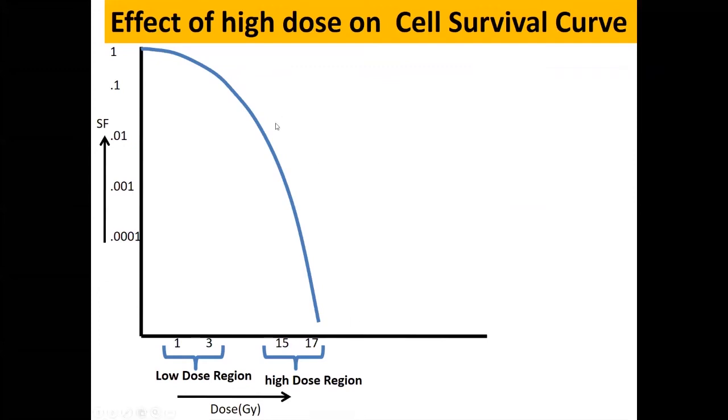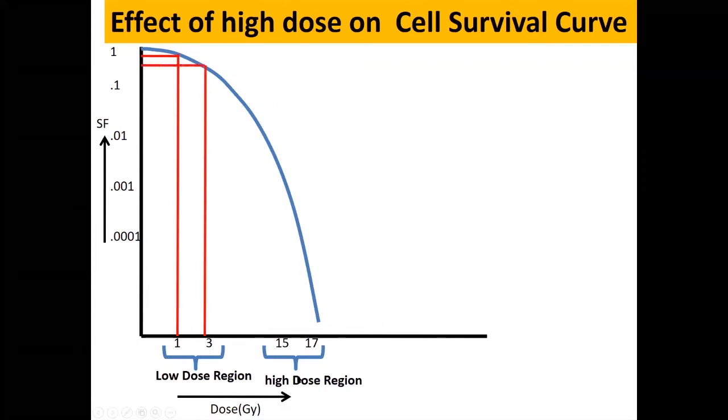Now, first, I will try to explain the rationale based on cell survival curve. If you concentrate here on dose region, I have divided the dose region into two. One is low dose region, the other is high dose region. In the low dose region, when you deliver 1 gray, it reduces survival fraction to some extent. An increment of 2 gray from 1 to 3 gray further reduces survival fraction.